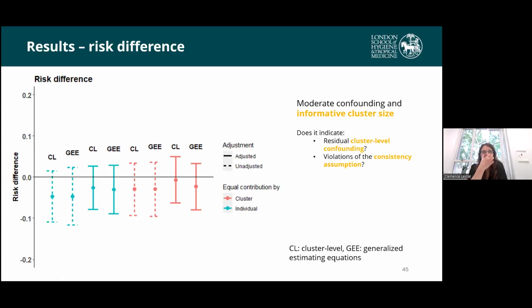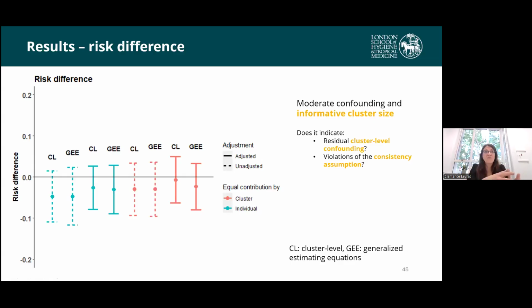And although some people are just happy to say that and then maybe stratify the results, I think when it happens, even if it's not massive here, it's important to think about whether we see that because there is a residual cluster level confounding, and actually there are some important cluster level variables that are not in the analysis, or it's simply because of violation of the consistency assumption.